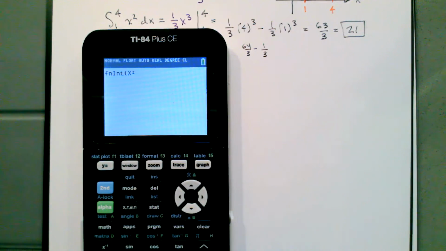To indicate the dx, we put a comma, and the next piece is x. So integrate x squared with respect to x, and then we put in the endpoints of the interval separated by commas, from 1 to 4, and then we hit close parentheses for good habits. Then we hit enter and hope that it comes out to the same thing I got previously.